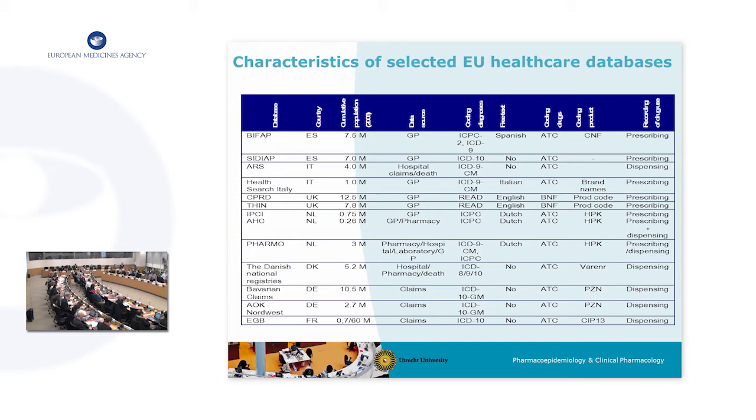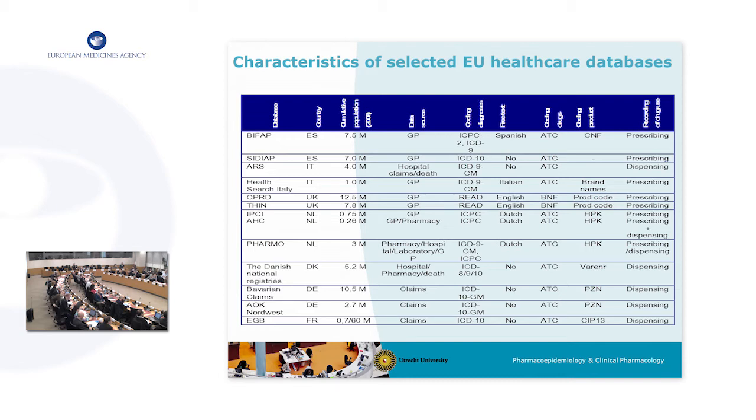So on this slide, I want to show you a little bit the heterogeneity in terms of the data that we have in Europe. And this really is a selection of EU healthcare databases, so it's not by all means to be complete, but you see some databases from Spain, Italy, UK, Netherlands, Denmark, Germany, France.